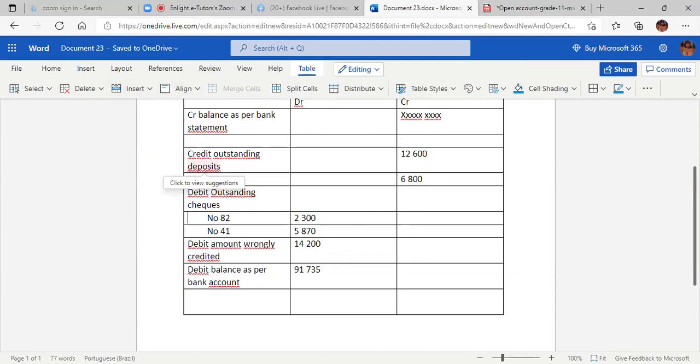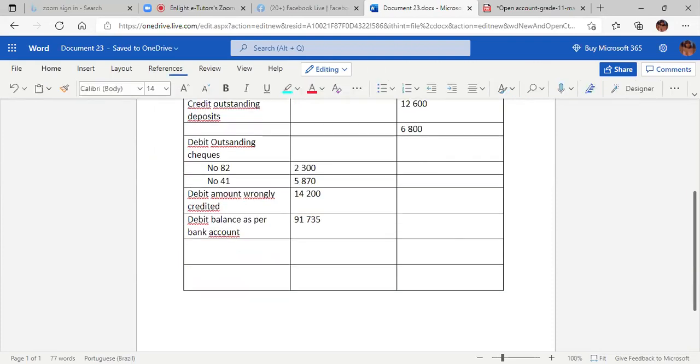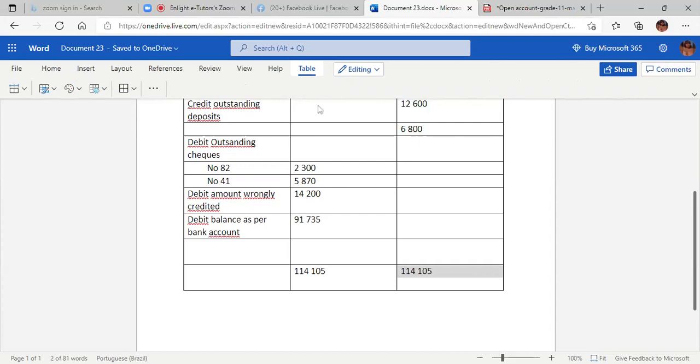Ta-da. Let's set another goal. 114,105. So this is the balancing amount.